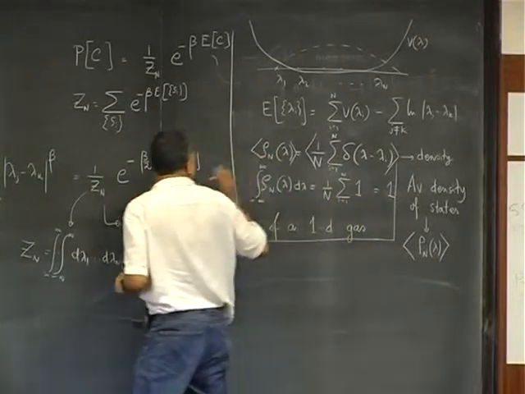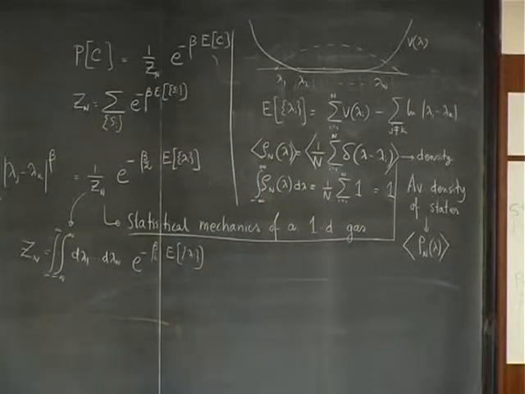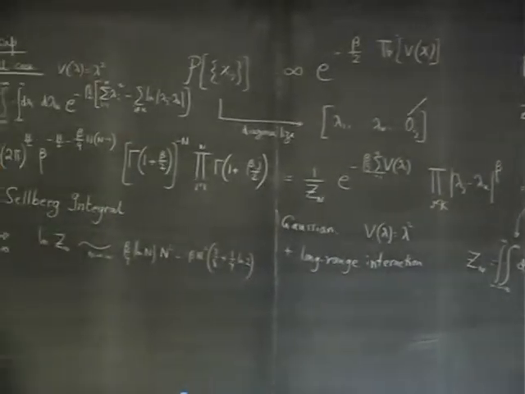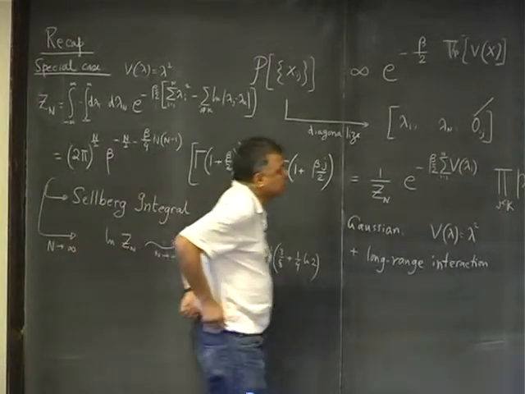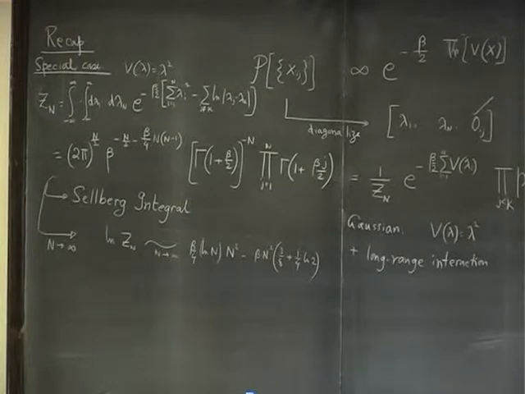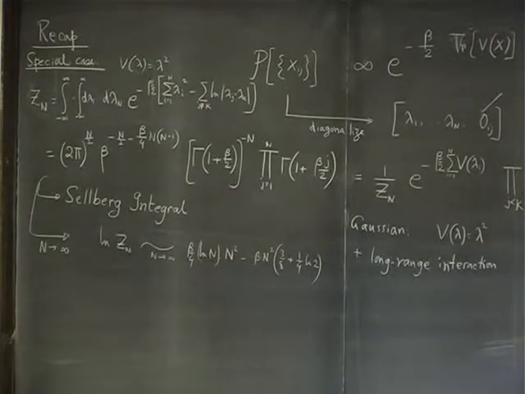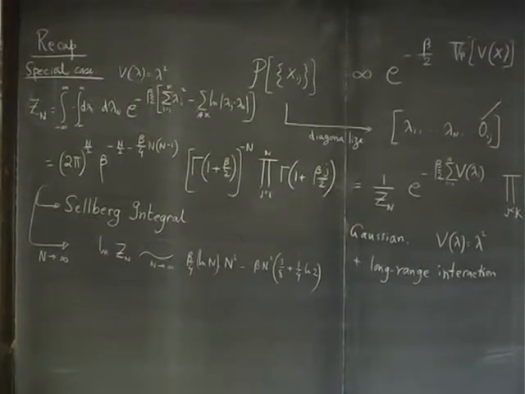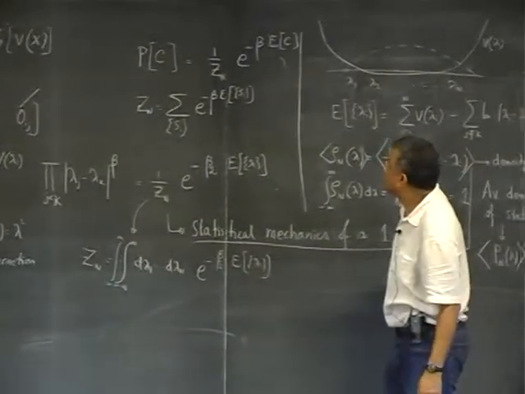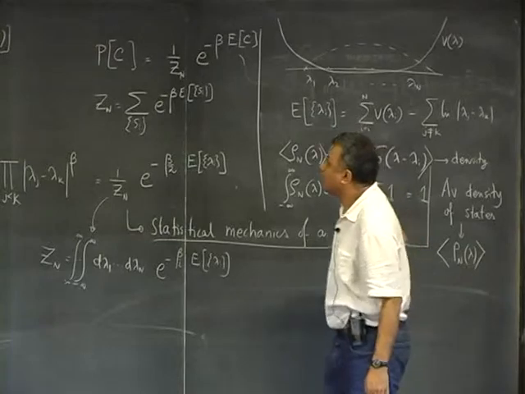Now, if I want to calculate this average density, knowledge of the partition function is not enough. Unlike in the Ising model, where if you know the partition function explicitly, you can calculate the free energy and other things. But as Shumit was telling you, if you want to calculate the correlation function, you usually have to put a field here and then take a derivative with respect to the field.